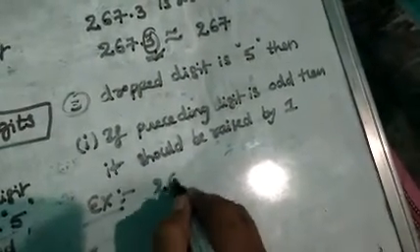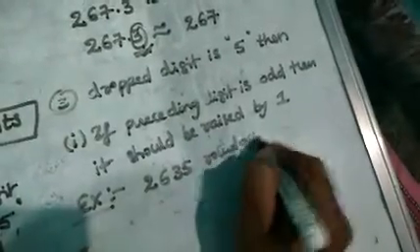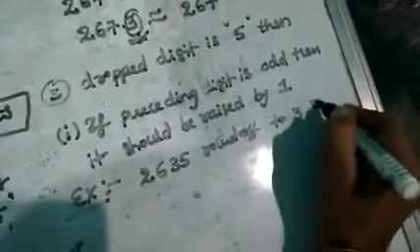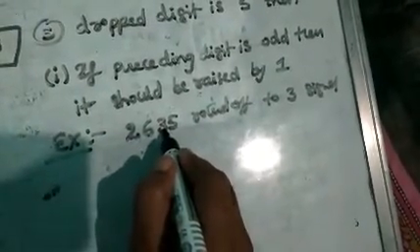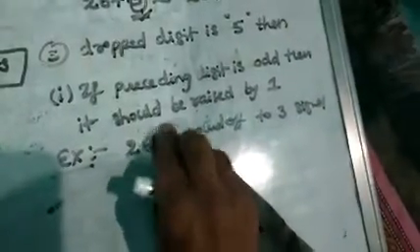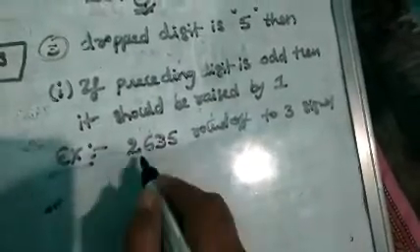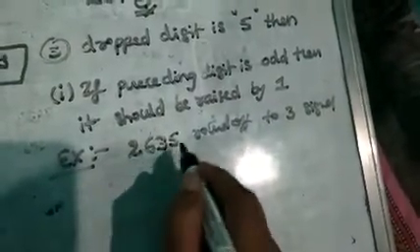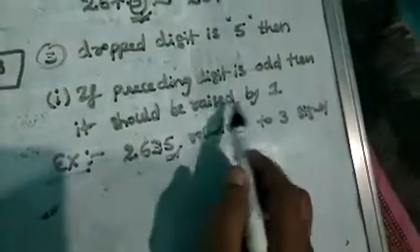I will explain. 2635 rounded off to 3 significant figures. I need only 3 significant figures, so 1, 2, 3, up to here. This is 3 and this is 5: 2635. I don't want this 5, but it is equal to 5.